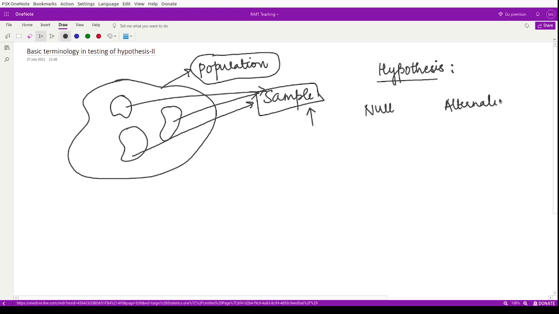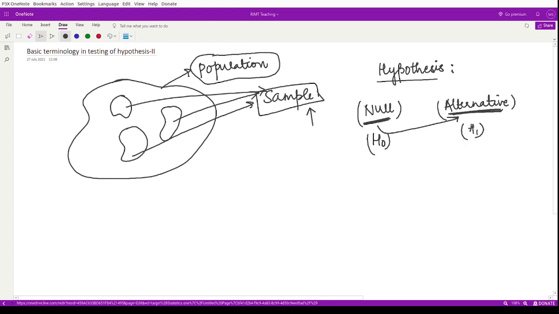Whichever thing you want to test, you may write as your hypothesis. The null hypothesis would be the opposite of what you want to test. So basically the null hypothesis nullifies the effect of the alternative hypothesis, which is given by H0, and the alternative is given by H1. This we have already studied.